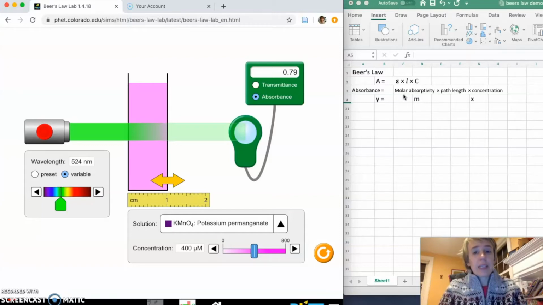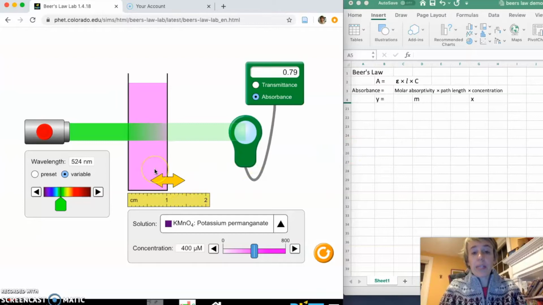So what this is telling us is that if we make solutions of known concentrations and measure their absorbances, we'll be able to derive that molar absorptivity value and then use it to quantify unknown solutions, solutions where we don't know the concentration of the compound we're looking at.